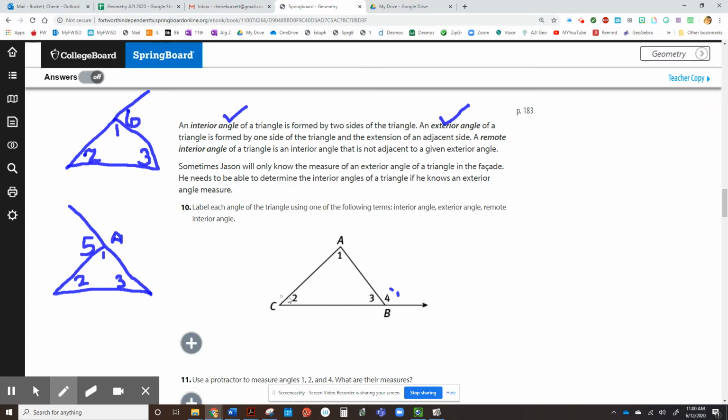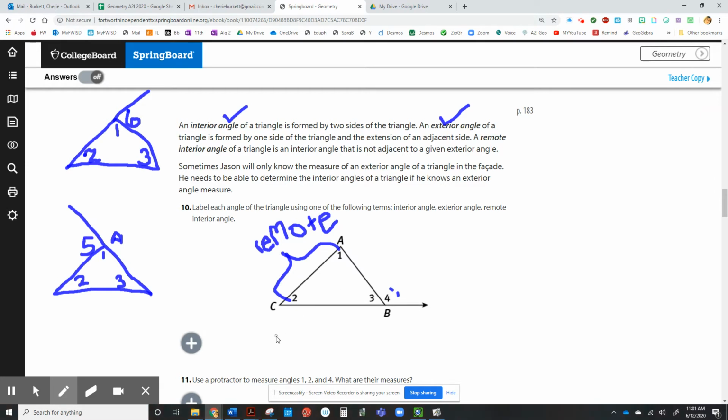The other two interior angles of that triangle are going to be the remote ones for this exterior angle. Remote means, in this case, removed or far away or not next to. Those are the remote interior angles.